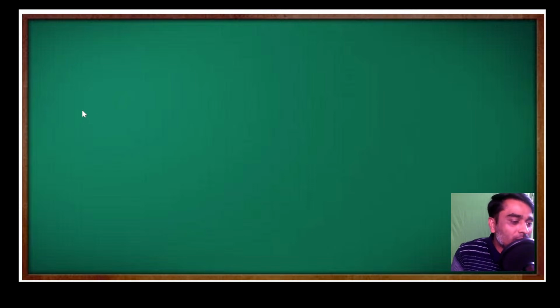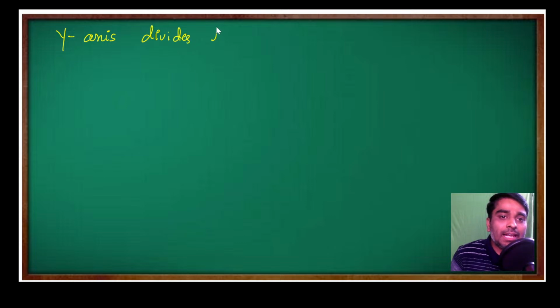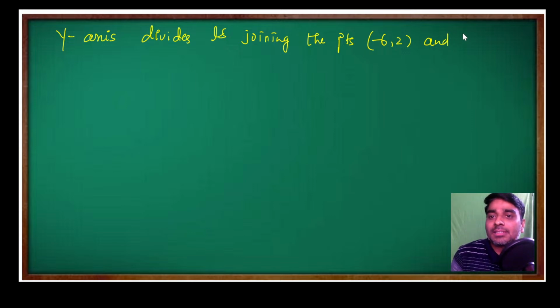So we have a question from section formula. The y-axis divides the line segment joining the points (-6, 2) and (2, -6).